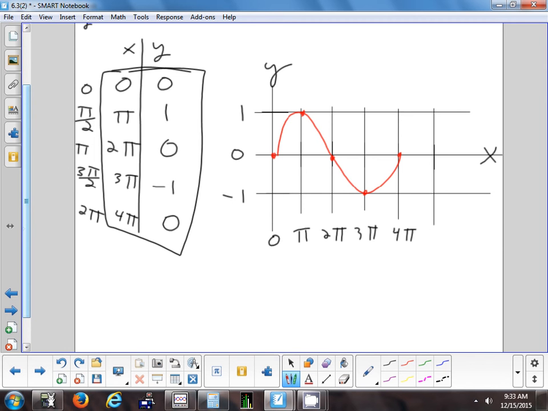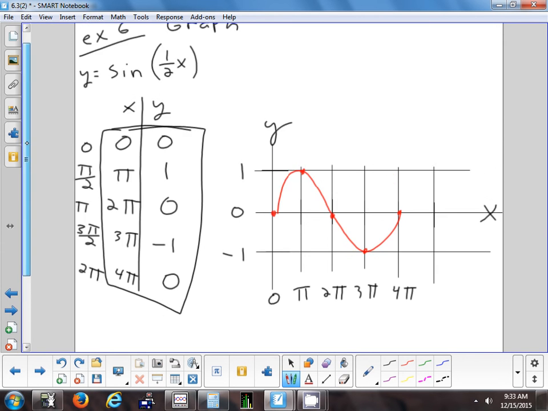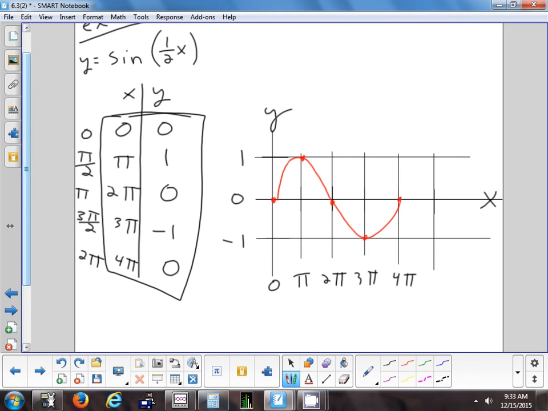Now you might say, well, wait, that doesn't look like we stretched it at all. How come it doesn't look that way? I changed my scale. 4 pi would normally be way down, because we'd have 0, pi over 2, pi, 3 pi over 2, 2 pi, and we'd have to keep going. But if you don't want to have to label that many lines on the grid, just change your scale. Okay, questions on that one?